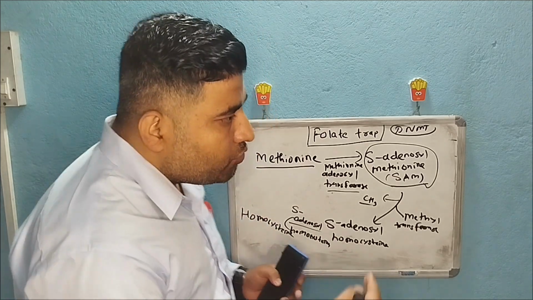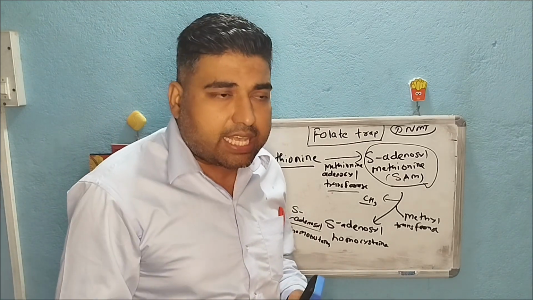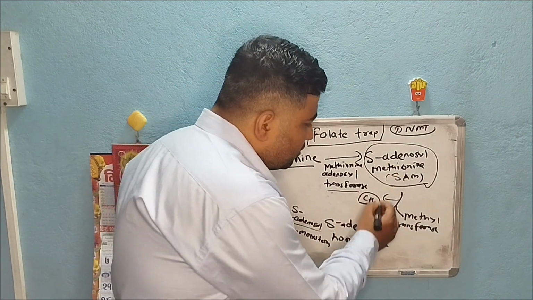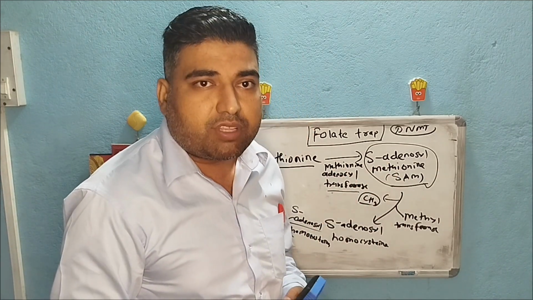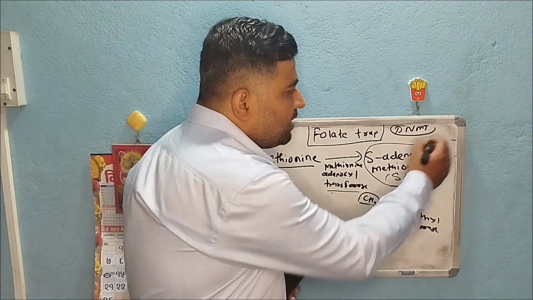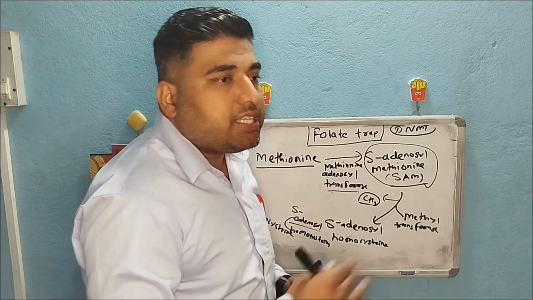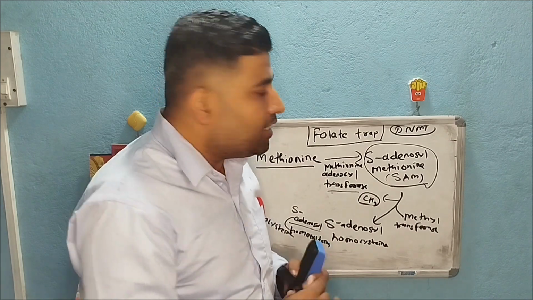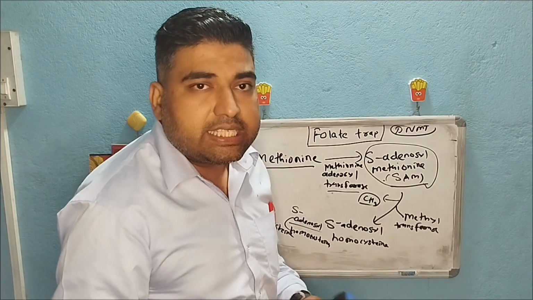Wherever there is methyl transferase activity, SAM serves as the donor of the methyl group. For example, DNA methyl transferase, which is involved in epigenetic modification or methylation of DNA, uses SAM as a coenzyme.